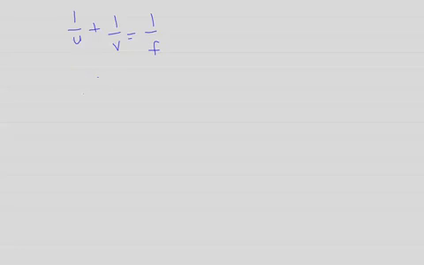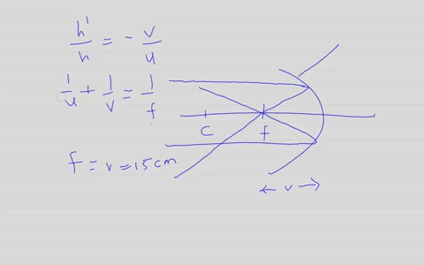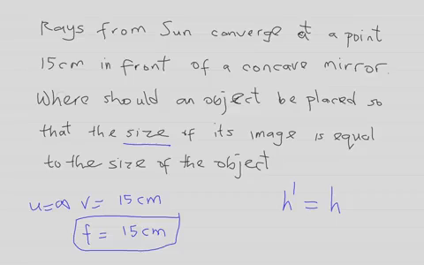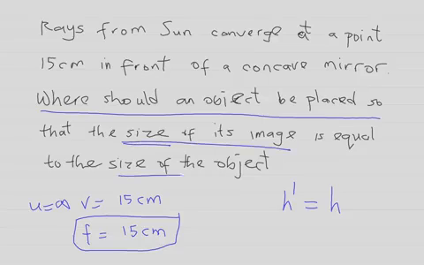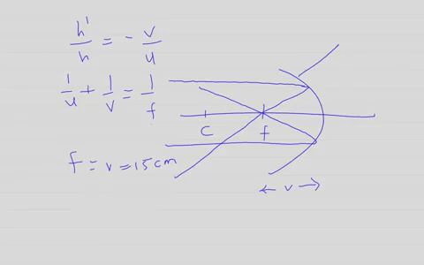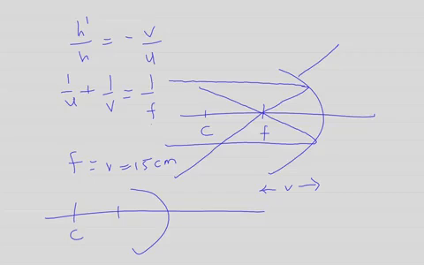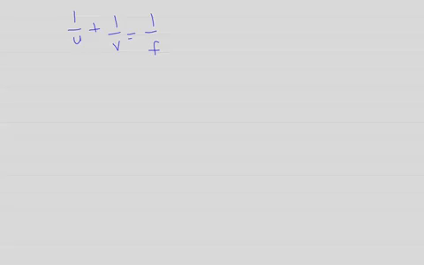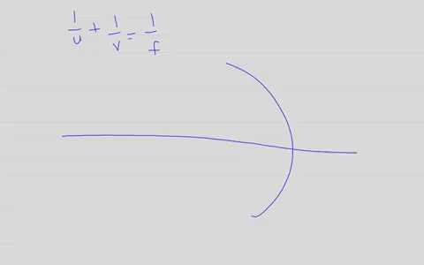But we are not going to use the formula. What they want us to do is find where an object should be placed so that the size of the object will be equal to the size of the image. The only condition where that will happen is when the object is placed at C. So we don't even need calculation there.